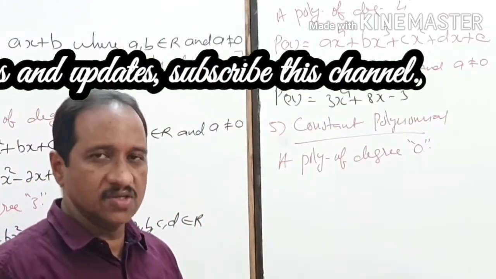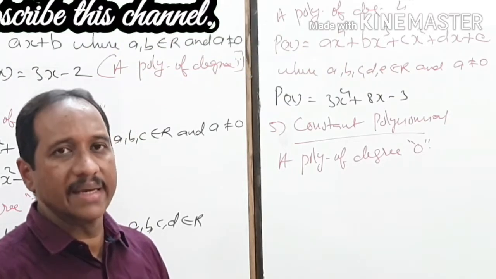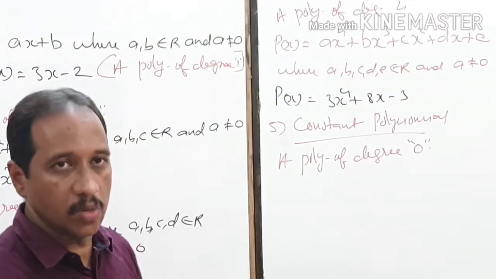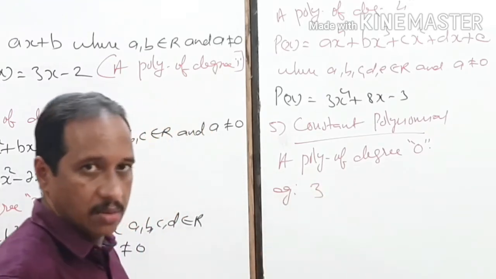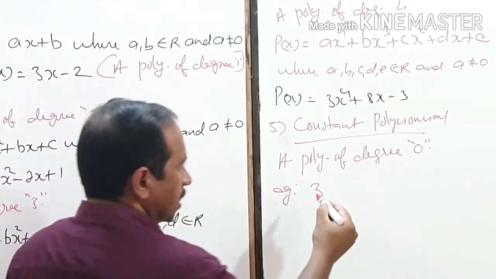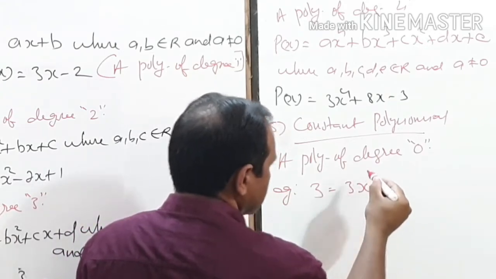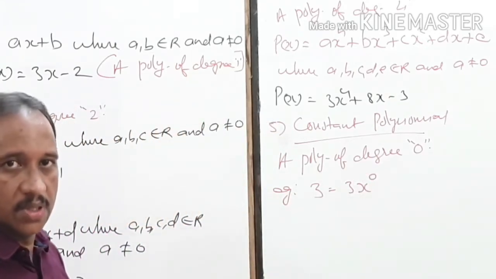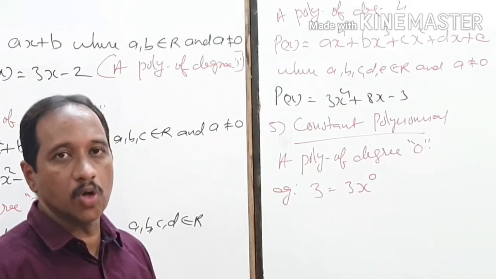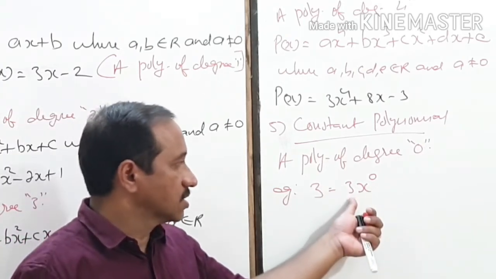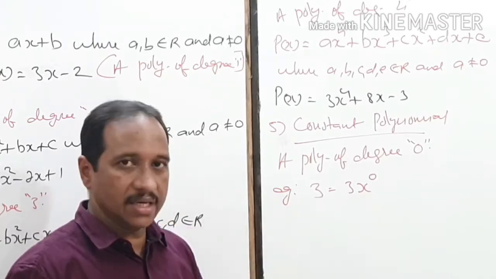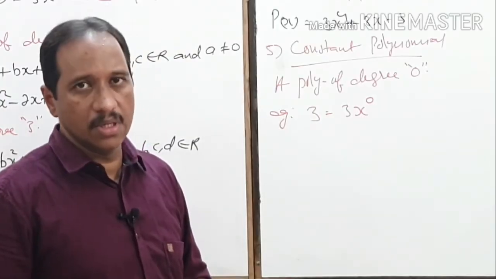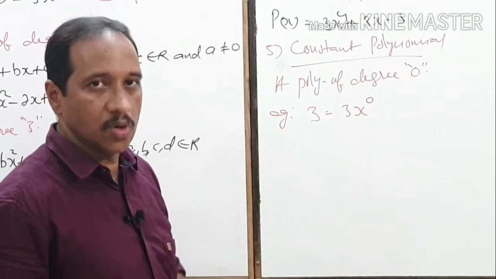Any real number, that is rational or irrational number, can be considered as a constant polynomial. For example, 3 is a real number, and if required, we can write it as 3x raised to 0. So here the degree of the polynomial is 0. You know that x raised to 0 is 1. 3 into 1, you get the 3 back. That is, any real number can be called a constant polynomial.